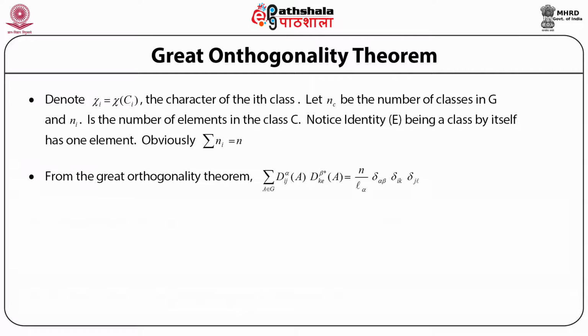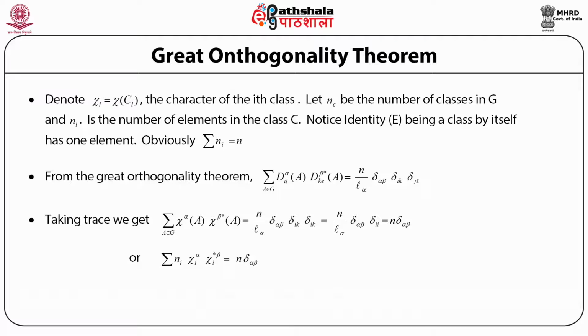Now, from the great orthogonality theorem, the sum over all the group elements A of D alpha ij of the element A multiplied by D beta star kl of A is equal to N by l alpha delta alpha beta delta ik delta jl.